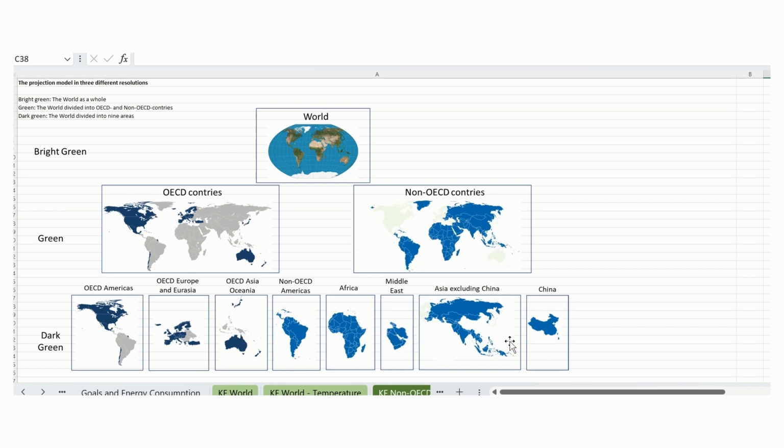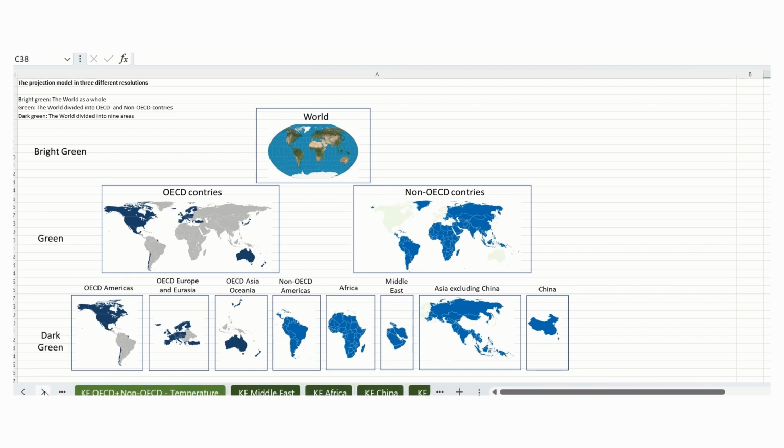It's the dark green. You make your choice by going to the corresponding tabs here. So if you, for instance, choose to count on the world as a whole, you choose this bright green here. And if you choose to count on the world as divided in OECD and non-OECD, you choose the green tabs here.